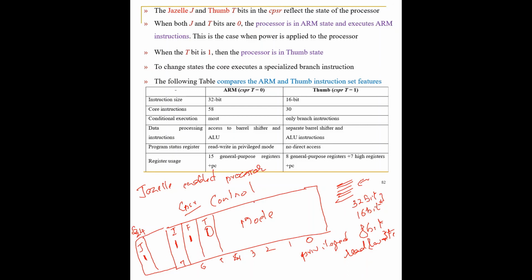If the Jazelle instruction set is enabled, you call that processor a Jazelle enabled processor. Thumb instructions are 16-bit instructions, so you can reduce the size of the instructions as per your requirement. You can go to the CPSR and change its contents as per your requirement, provided you are in the privileged mode.